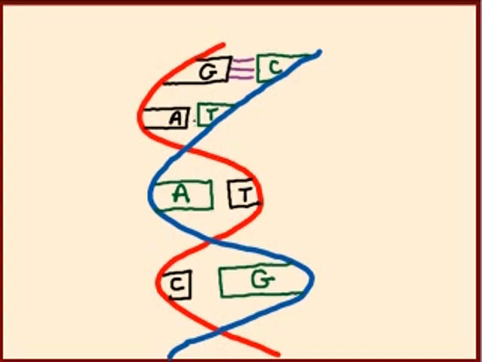And between A and T, there are 2 hydrogen bonds. Okay, there are 2 hydrogen bonds here, and between C and G there are 3 hydrogen bonds, and that's DNA basically.